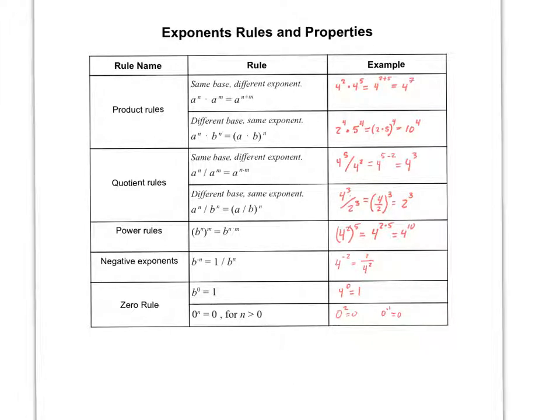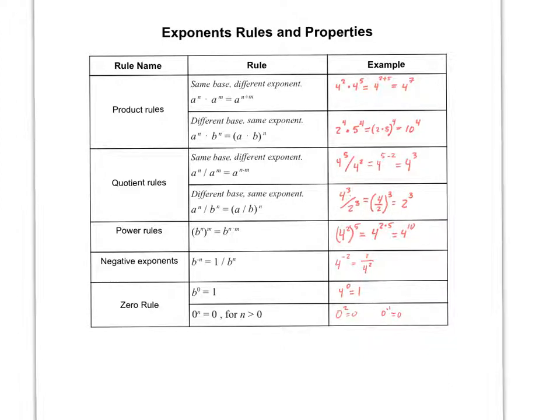Now your worksheet should look exactly like this, using the same numbers. And please, I want you to highlight with one color, same base, different exponents, and you're going to do it for this one. And then you're going to do it again for the quotient rules, same base, different exponents.